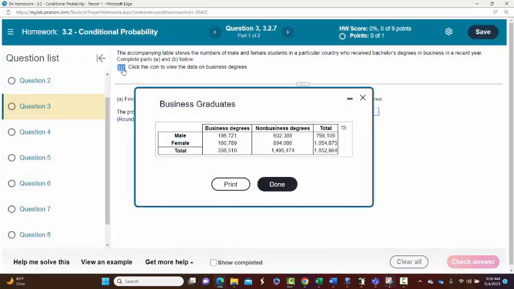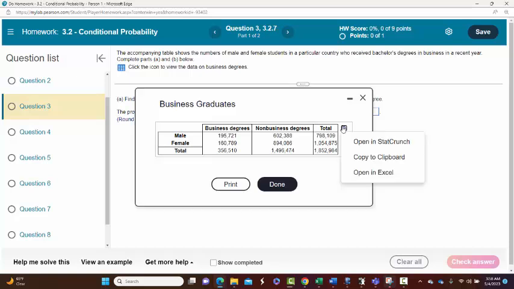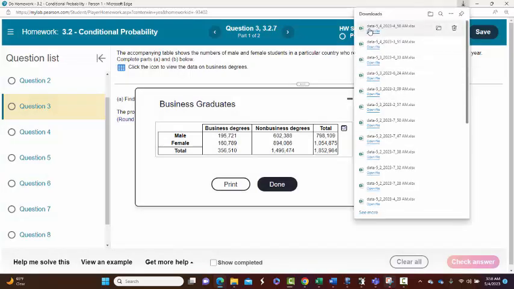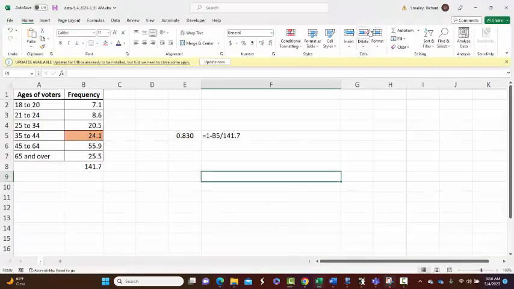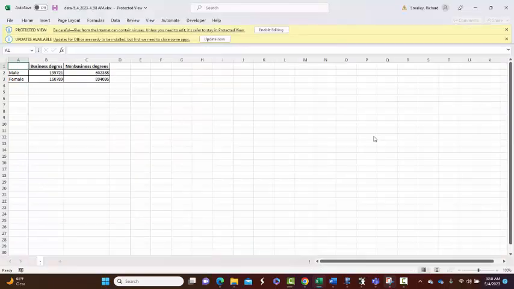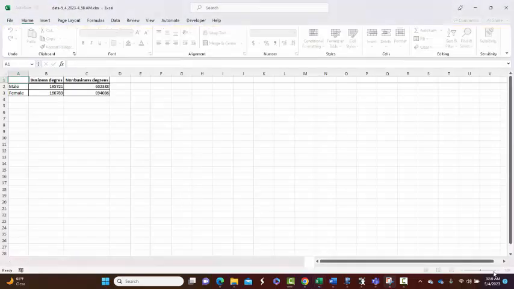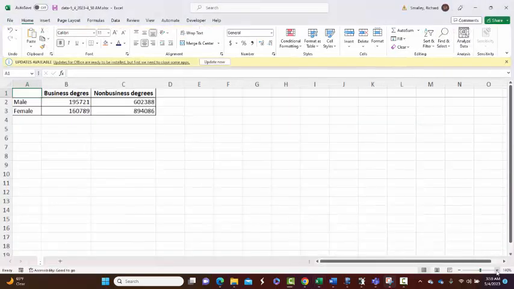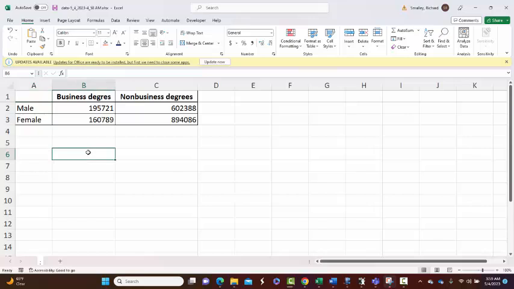Let me bring up, yeah, here we go. I'll put this in Excel, even though we're not using any fancy Excel commands to do anything here. I'll probably just be using Excel as a calculator, sort of like I did for that example from the last section. All right, now we've got to see what the question says.